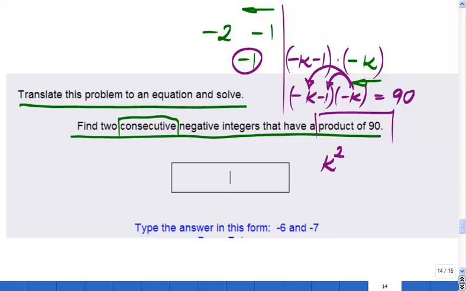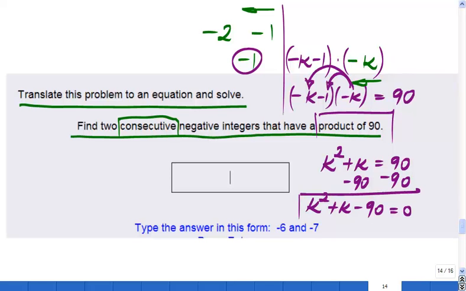Negative k times negative 1 is going to be positive k. Everything equals 90. I will take away 90 from both sides because I want to have everything on one side. Your equation is k squared plus k minus 90 equals 0.